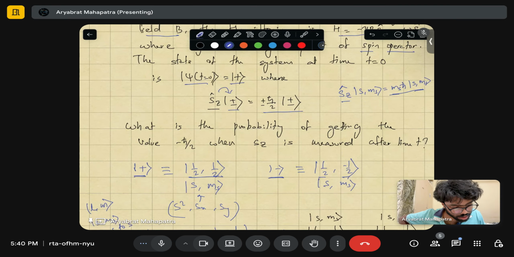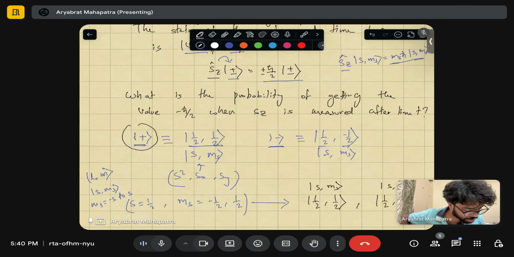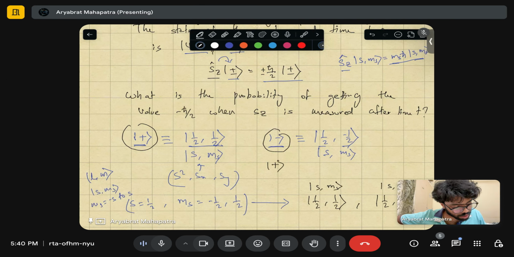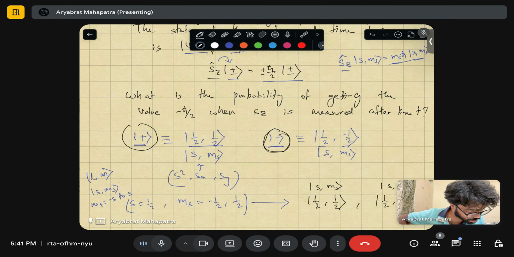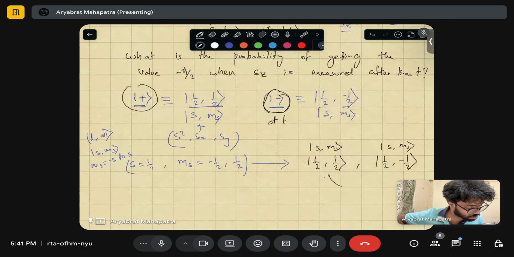After time t, the particle can be in this state or again in this state. You have to calculate the probability at time t that the particle will go from the plus state to the minus state, that is, from half, half to half, minus half.